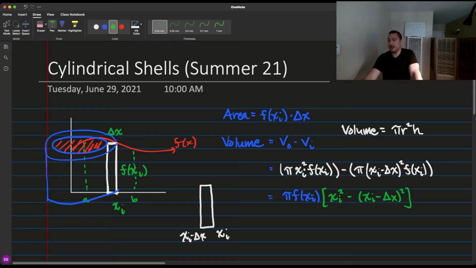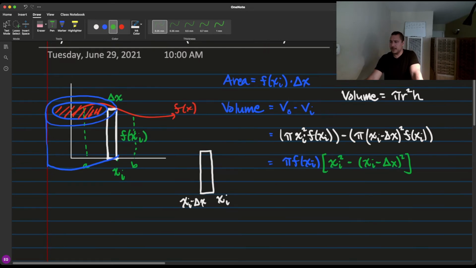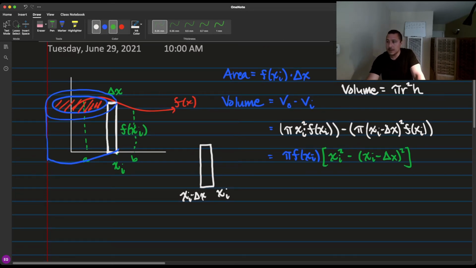Okay, so we could go and multiply this through. Let's do that here off on the side. Let's expand out the xi minus delta x quantity squared. That's going to be xi squared minus 2 xi delta x plus delta x quantity squared.